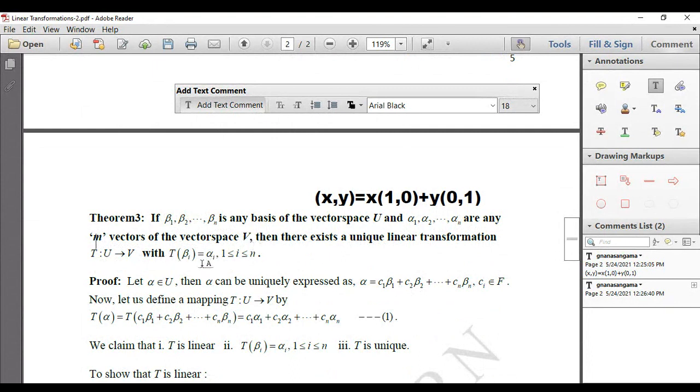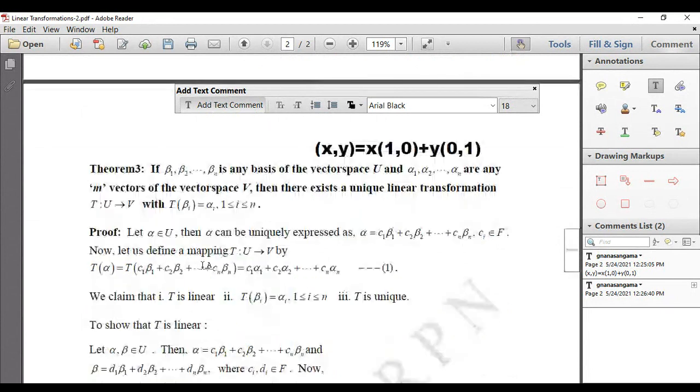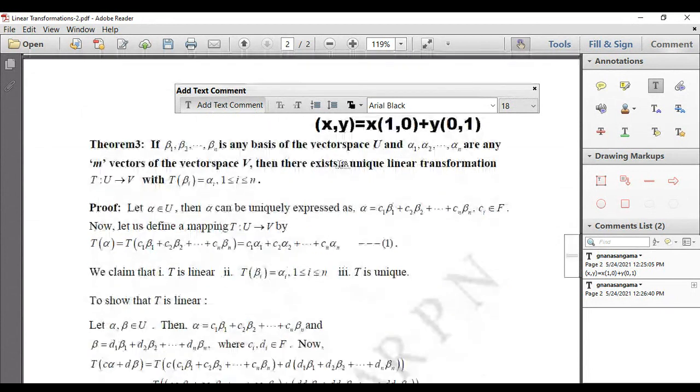So we have to show this. Okay, let's prove this one. First, we have to show that there exists a unique linear transformation T. So let us define a linear transformation first, T from U to V, and later on we show that T of beta i equals alpha i, and that it is unique.